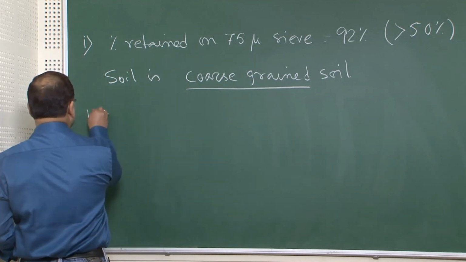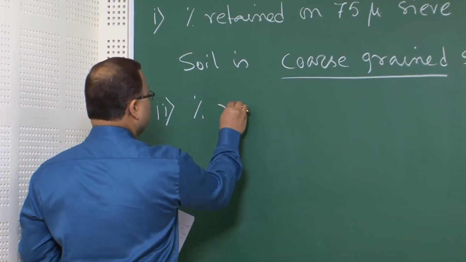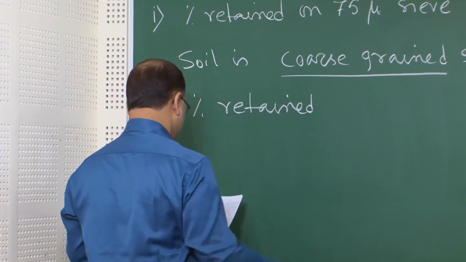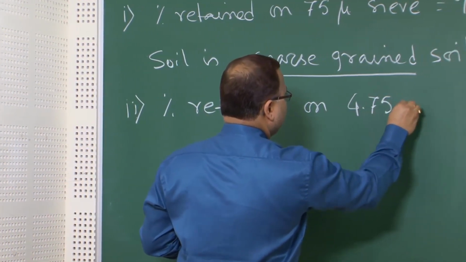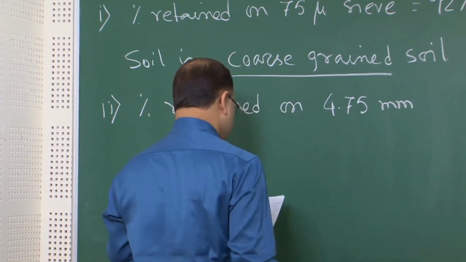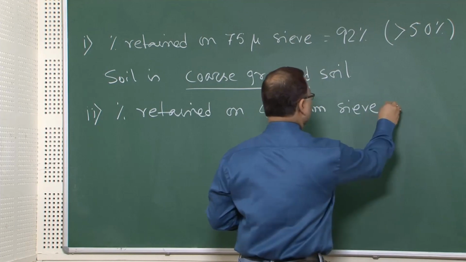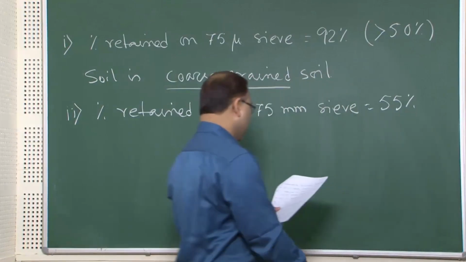Now, next, percentage retained on 4.75 millimeter sieve equal to 55%. Okay.